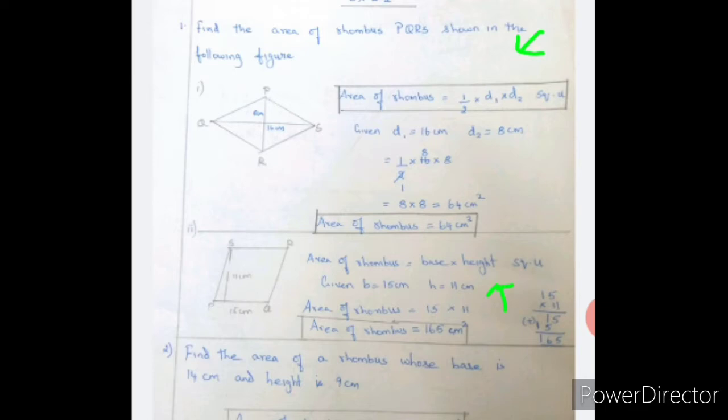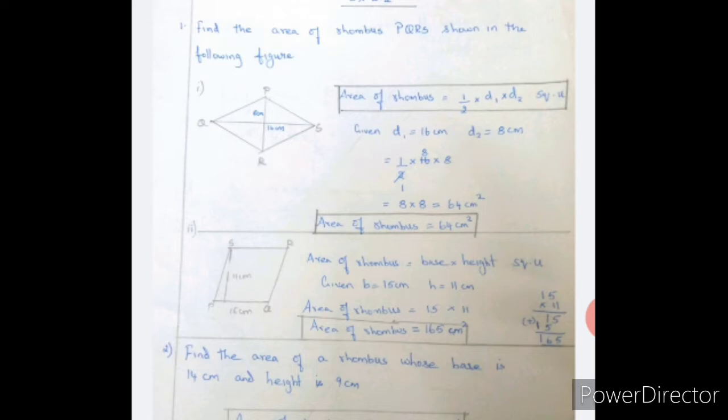Coming to the first subdivision. Here the given diagonals are d1 equal to 16 centimeter and d2 equal to 8 centimeter. Substitute these diagonals in the formula.